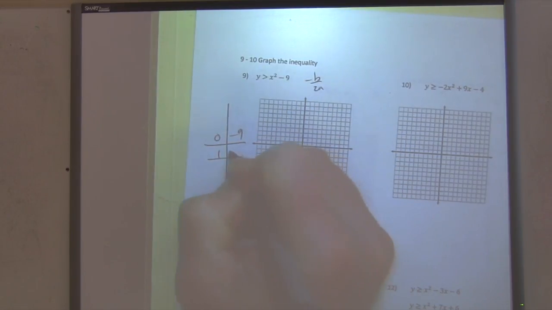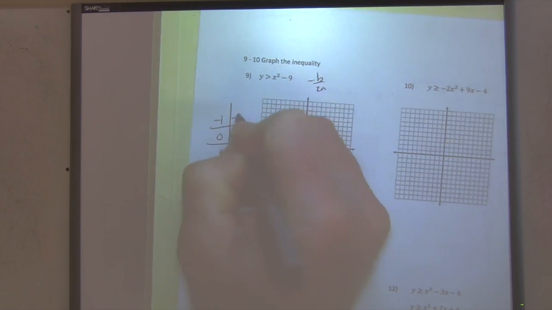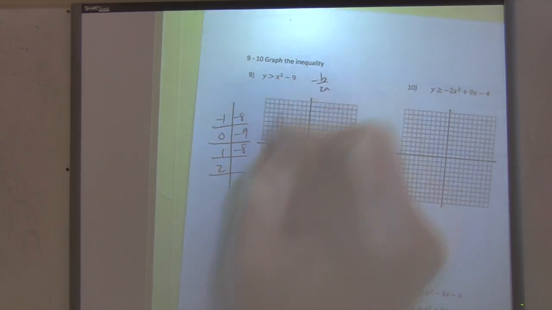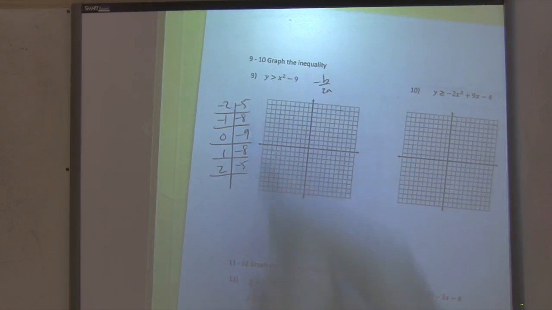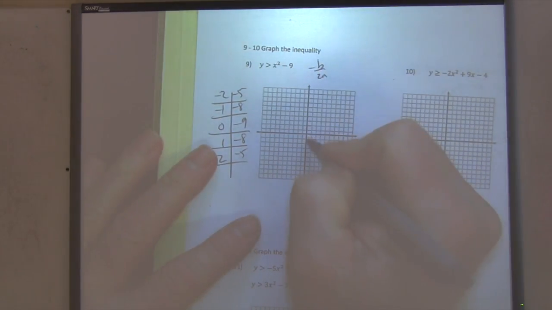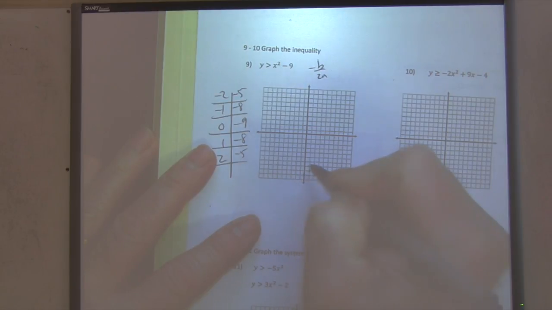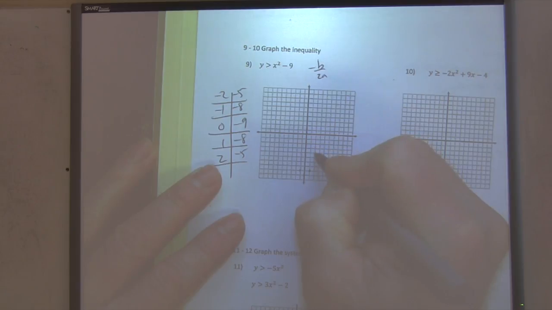And then I could plug in 1 and get negative 8, and negative 1 would be negative 8. And I could plug in 2 and get negative 5, and so negative 2 would also be negative 5. And so then you graph it, and so at 0 we're at negative 9, at 2 we're at negative 5, and it's greater than, so that's a dotted line, so I'm looking for a dotted line there.